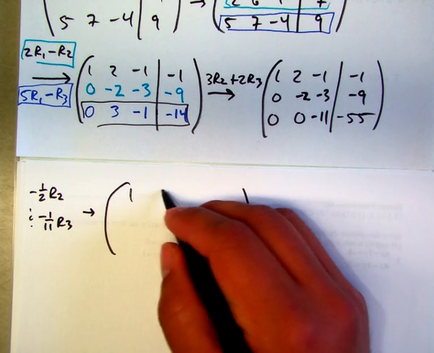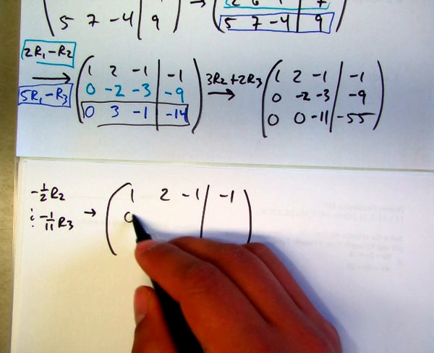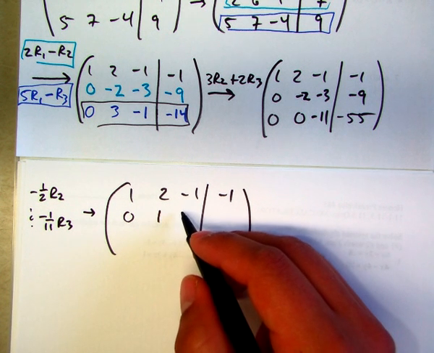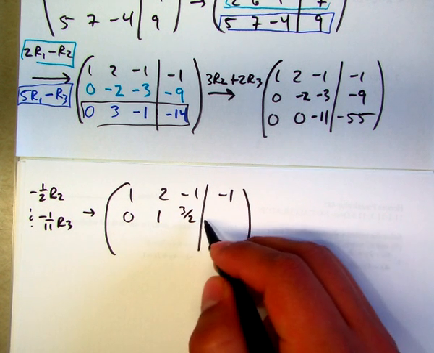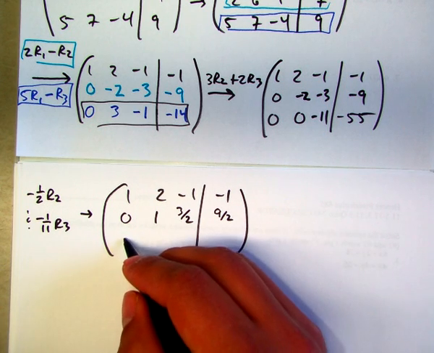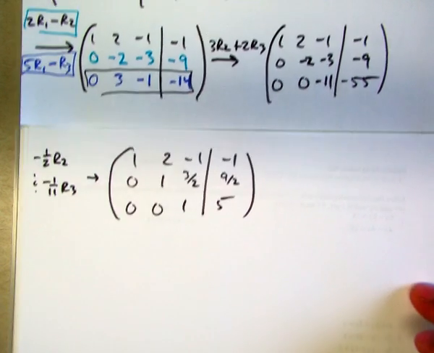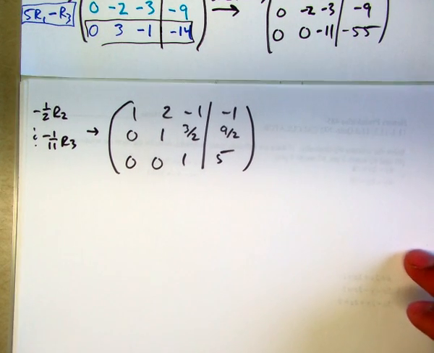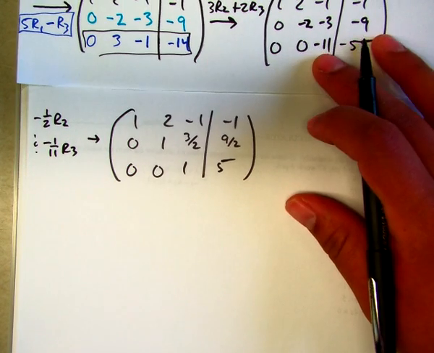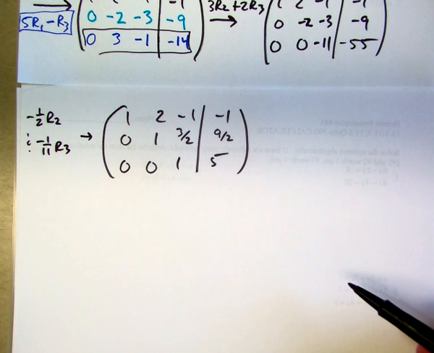So now I get 1, 2, negative 1, negative 1, 0, 1, and this becomes 3 halves, and then 9 halves, and then 0, 0, 1, 5. So now we have this in row echelon form.